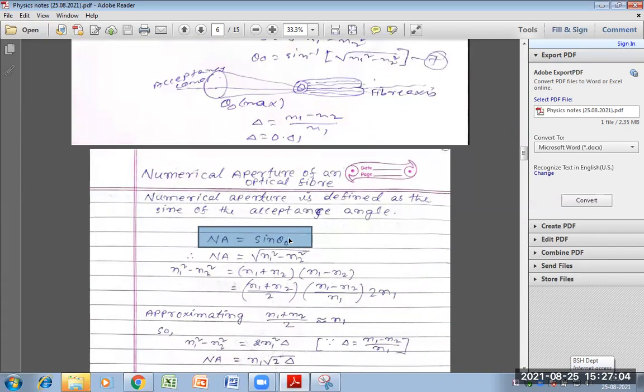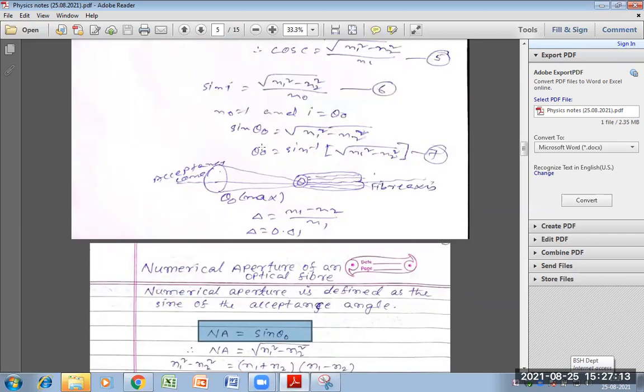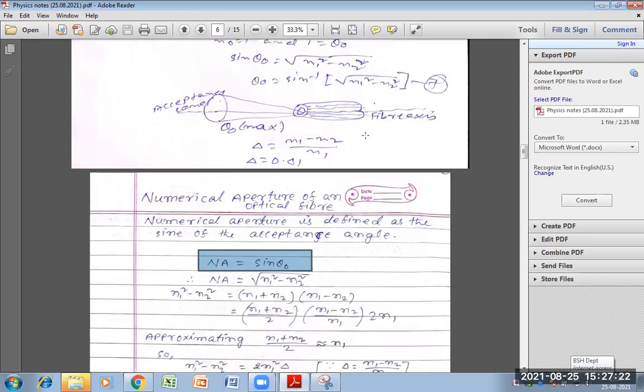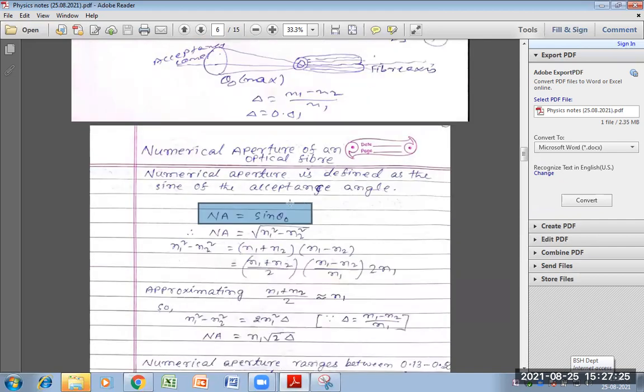Therefore, in place of sine theta naught, we know that sine theta naught is equal to root under N1 square minus N2 square, divided by N1. This we have seen in the above equation 7, so we write NA is equal to root under N1 square minus N2 square. Now N1 square minus N2 square: A square minus B square is equal to A plus B into A minus B. So here I have written N1 plus N2 into N1 minus N2.